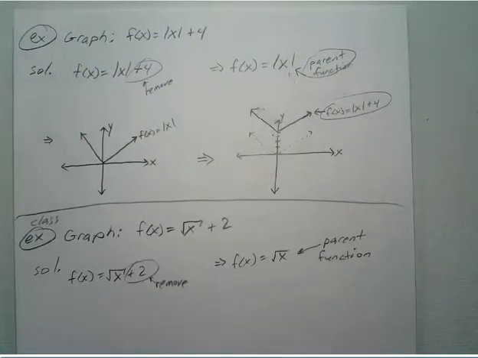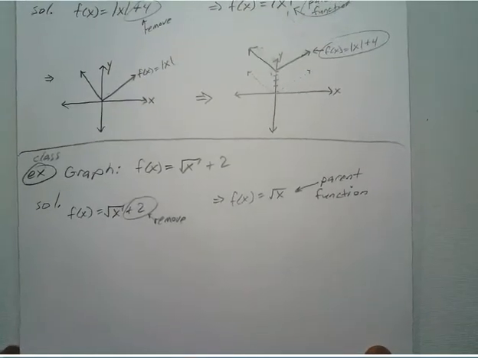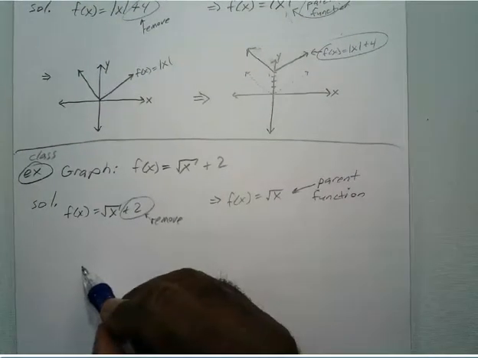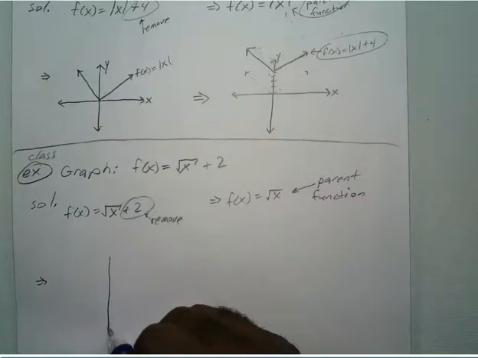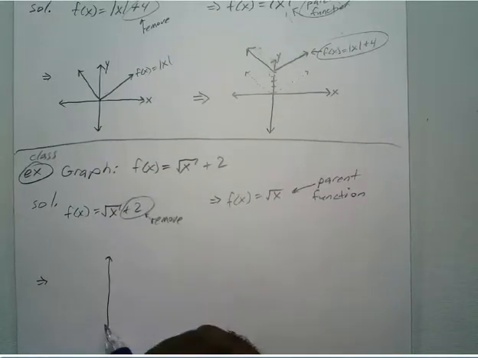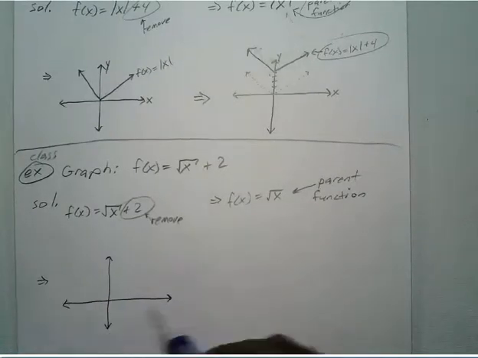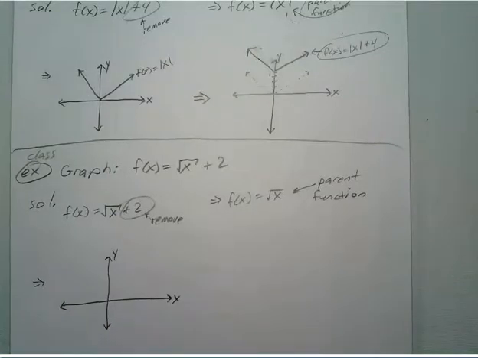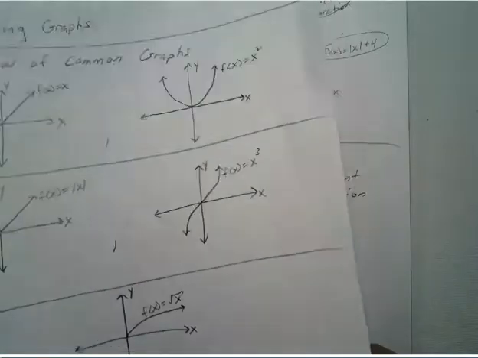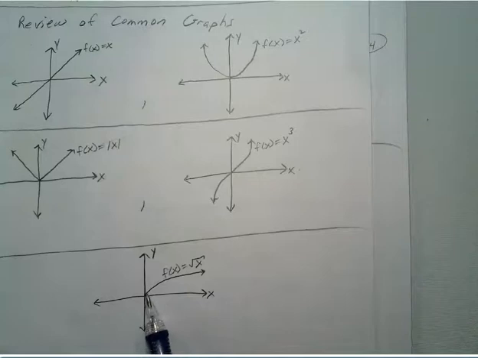Okay, so we have our parent function. All right, so let's go ahead and shift this up. And if we draw the graph of our parent function, x and y, and again, looking on our very first page, f of x equals square root of x kind of looks like that.